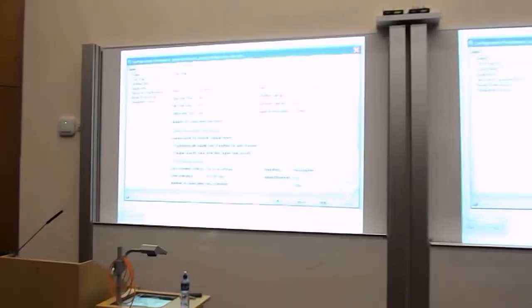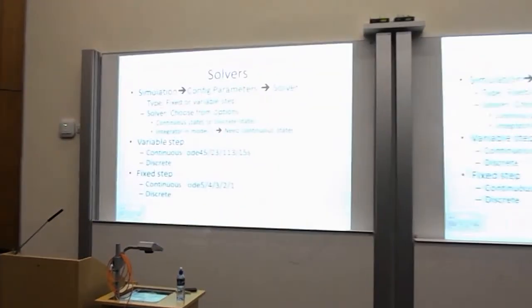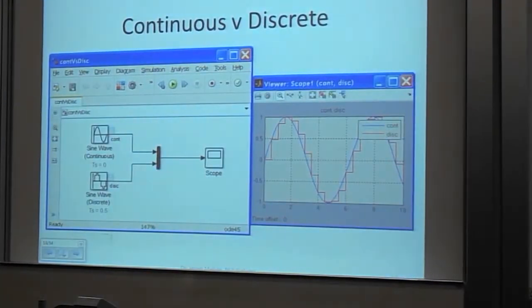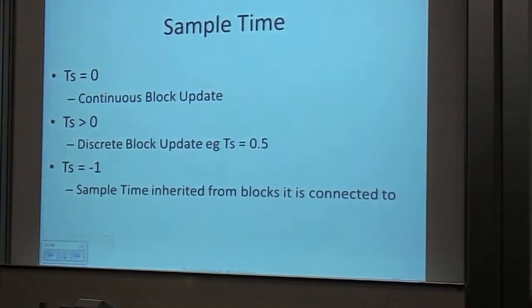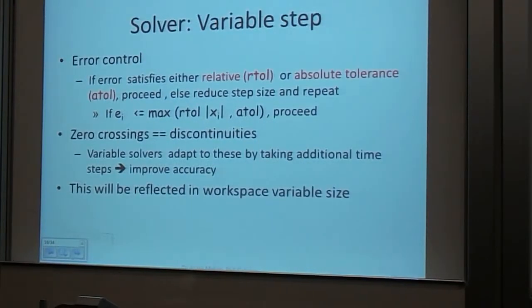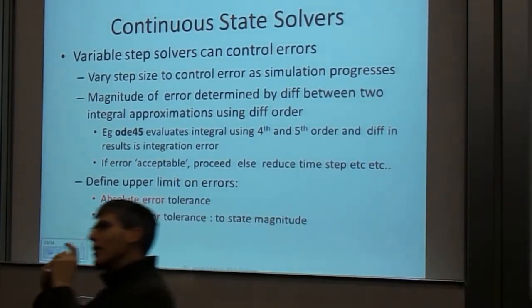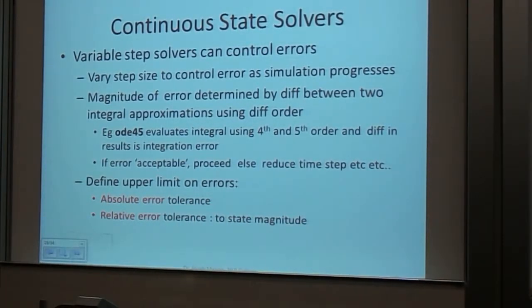So if you look at ODE45, what it's actually doing is working through the simulation using both fourth order and fifth order. Here, ODE45 evaluates the integral using the fourth order and the fifth order, and it looks at the difference between the answers. It says, I've done this with fourth order, I've done this with fifth order, and the result I'm getting is x and y.